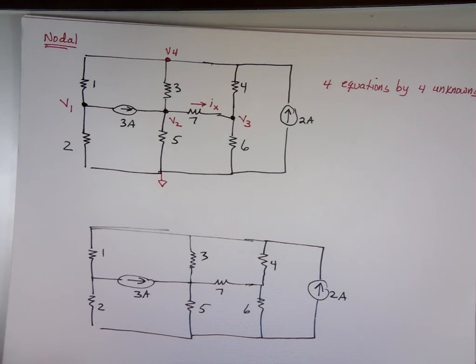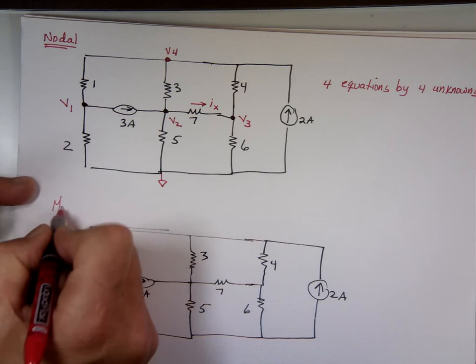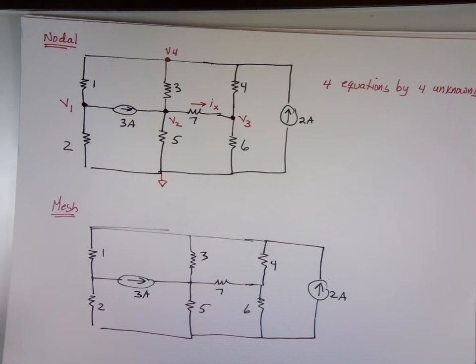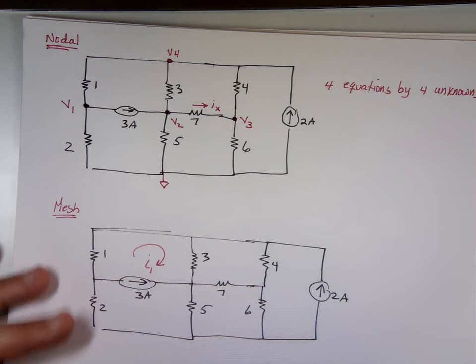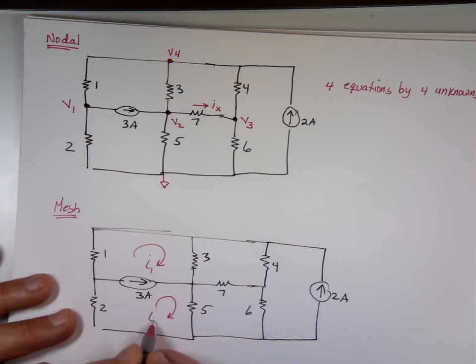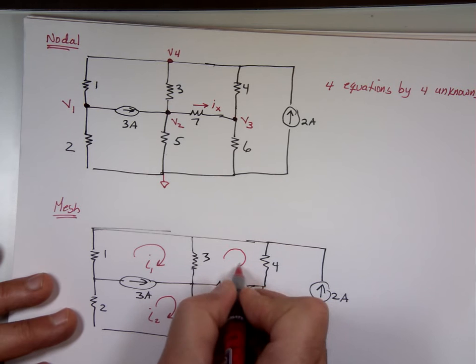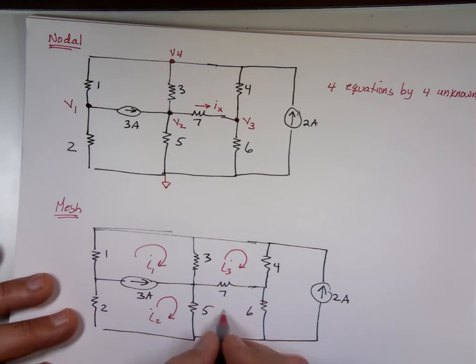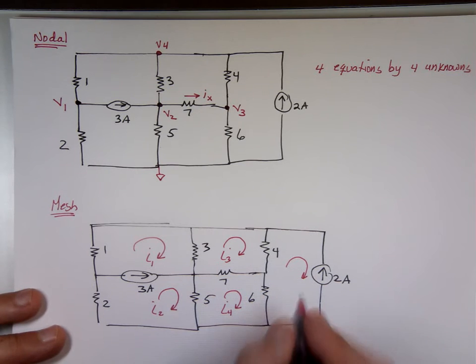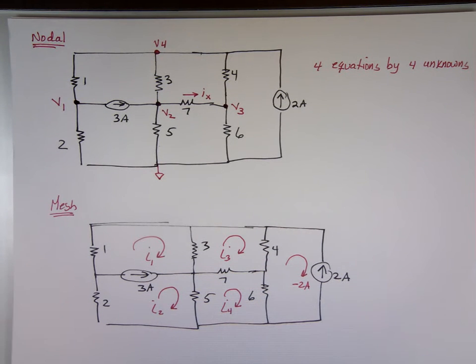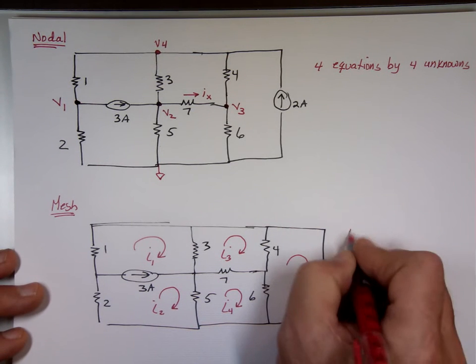So let's say I decide to go with mesh with this. This is 1. We don't know the value of it. That's I sub 1. This is another one, I sub 2. I sub 3. I sub 4. And this one will be what? The way I drew it, the current, negative 2. So this is really, again, how many equations by how many unknowns? 4.